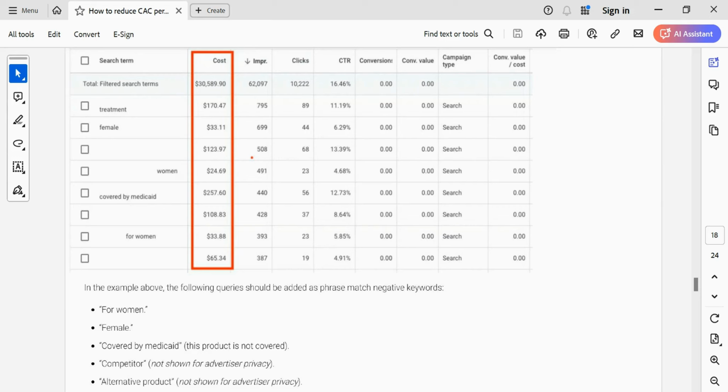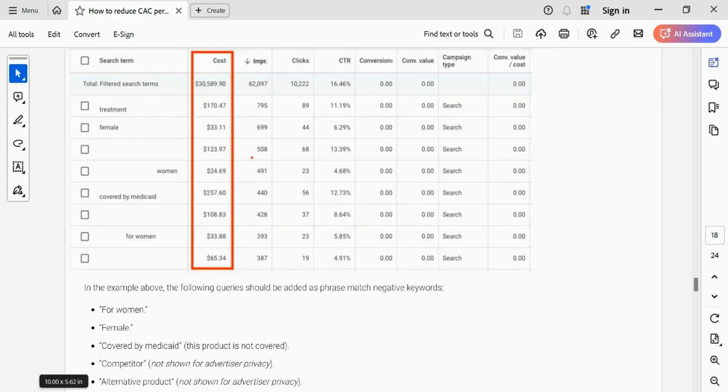So this will give you a very good indicator of what to negate using phrase match. Phrase match is so important to negate first. So here you see the best phrase match negatives are for women, female, and then covered by Medicaid is something that this advertiser told us to negate, because it is not something which is covered.